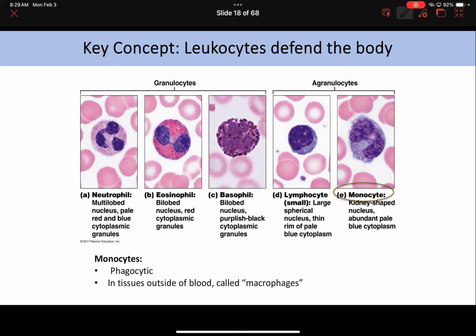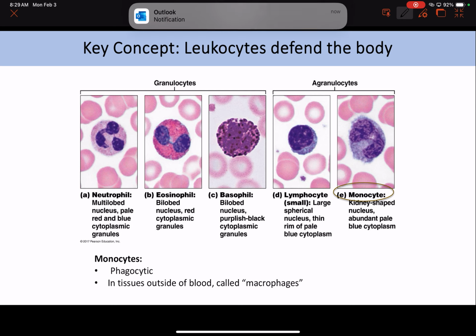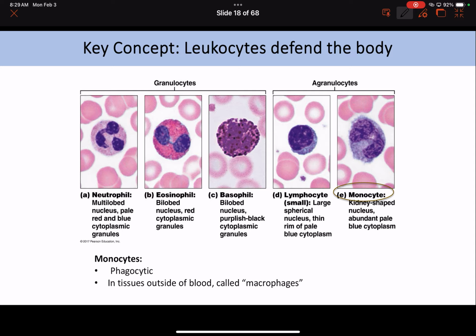Monocytes are unique in that they can leave the bloodstream and go to tissue areas for cleanup. And when they leave the blood and go into tissue, they're called macrophages. So in the bloodstream, they're referred to as monocytes, but when they escape the bloodstream and go to tissue, they are called macrophages.